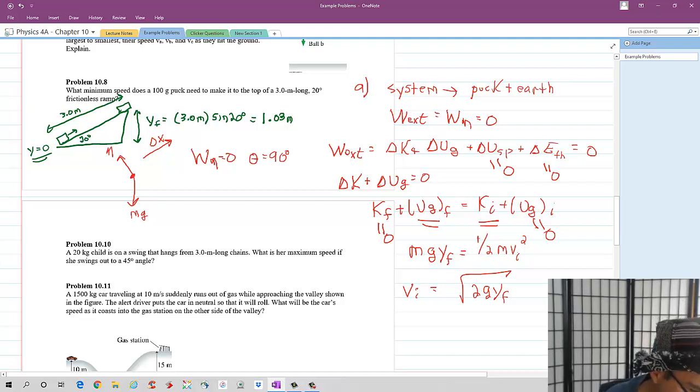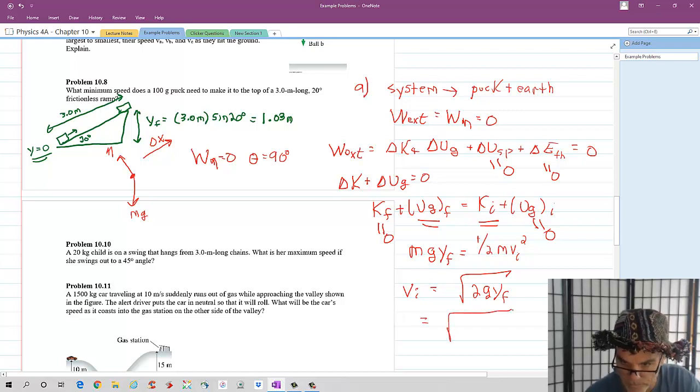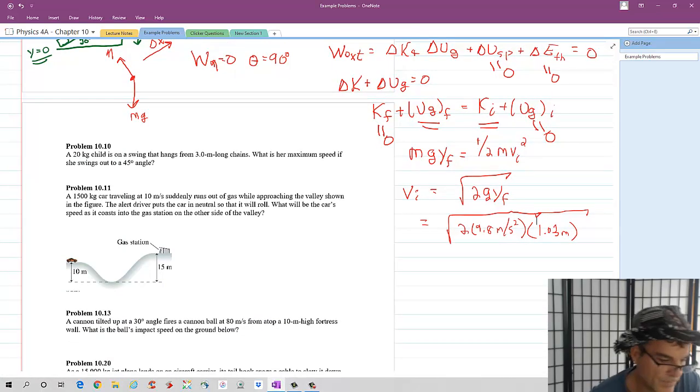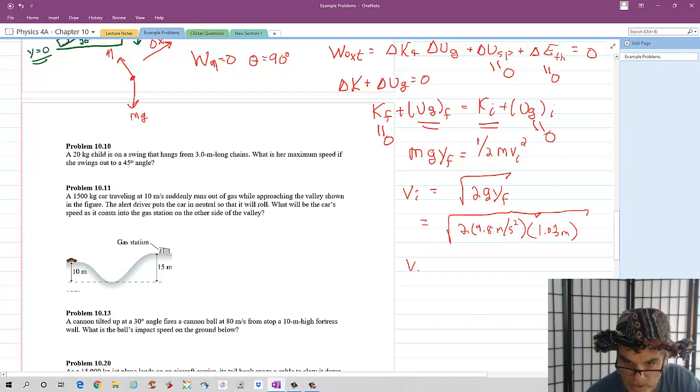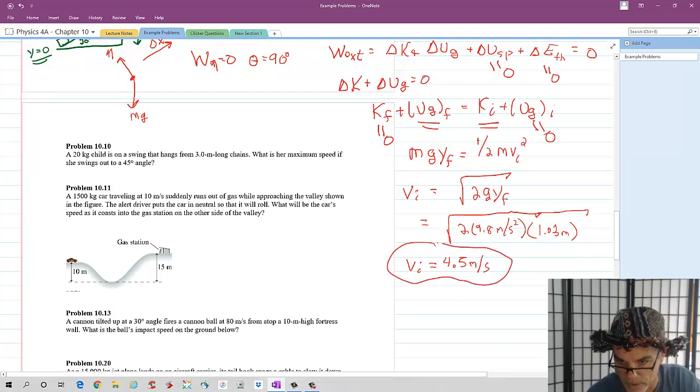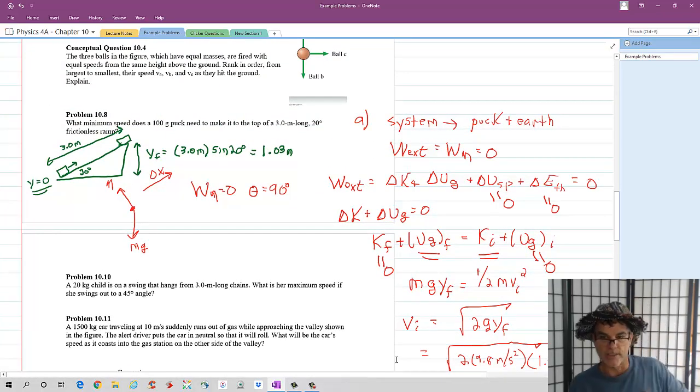And once I put all of that in, I've got the square root of 2 times 9.8 meters per second squared times 1.03 meters. Get the square root of about 20. It's going to be less than 5. The exact answer is my initial speed is 4.5 meters per second. So if something has that speed, then it will make it just to the top of the ramp.